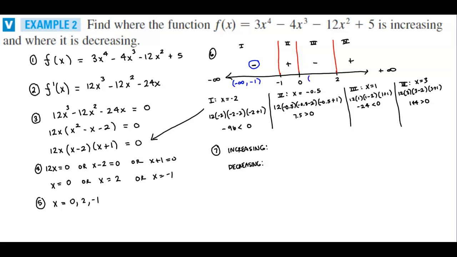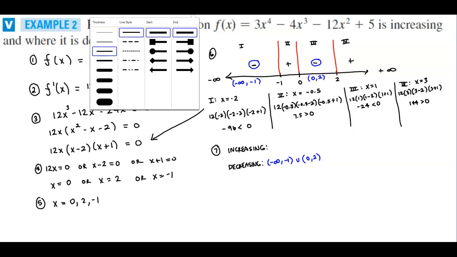The interval between 0 and 2 is also decreasing. So it's decreasing from negative infinity to negative 1, union 0 to 2.